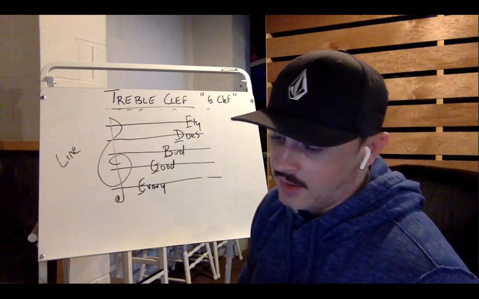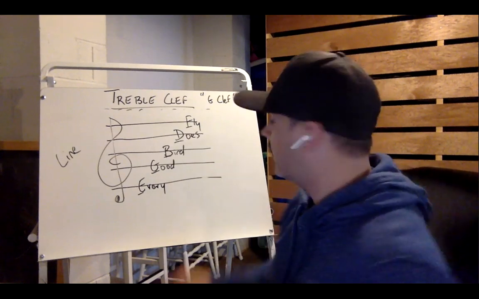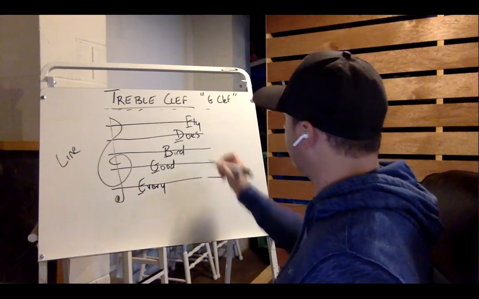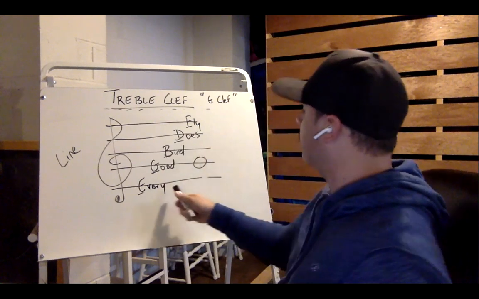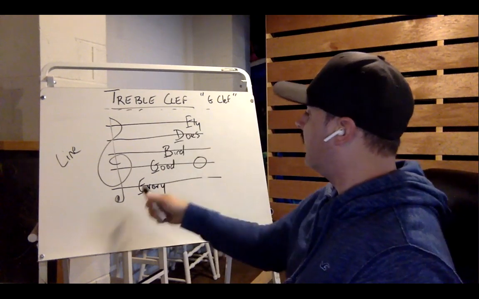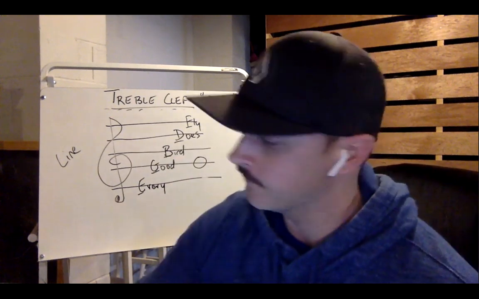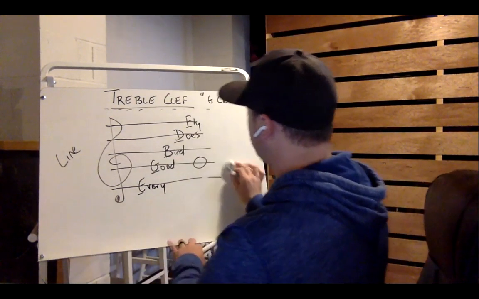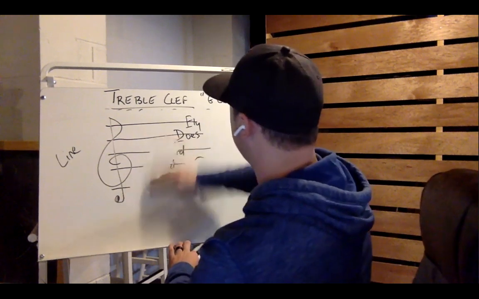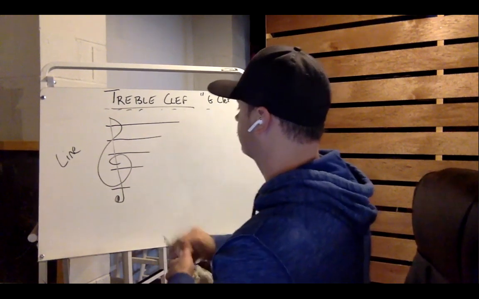All right, that's for the lines, okay? So when you have a note that ends up on this line, you go through your saying from the bottom, every good, and you know that's a G, okay? Pretty simple.